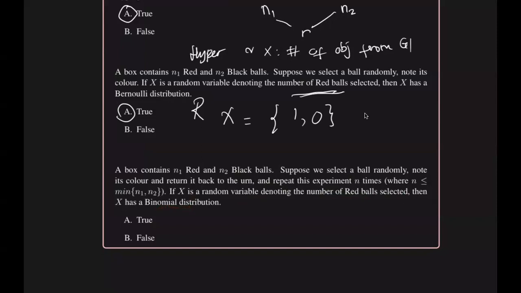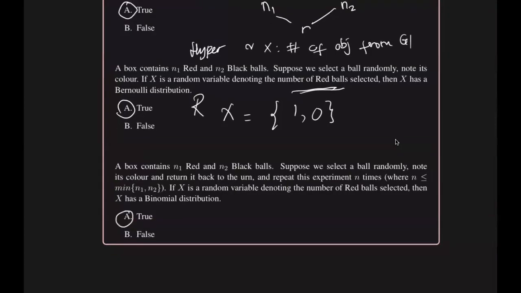The students say that yes, a binomial distribution is a series of Bernoulli trials, which is what we are doing. Yes, that is correct. This is true because we note the color and return it back to the urn. So what does that mean? That means that the probability of a red ball being selected stays the same throughout every trial.